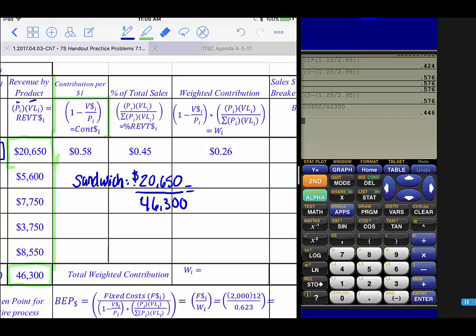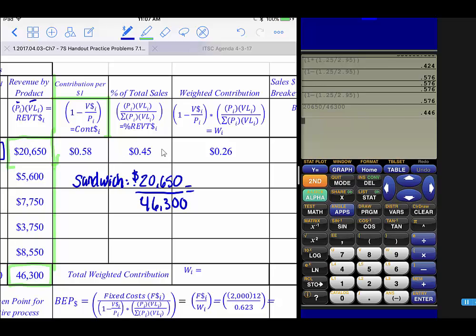We figure out what this is with respect to the total, so we take 20,650 and divide it by 46,300. Right over here I've got it calculated for you. You get 0.446, which I have rounded to 0.45.